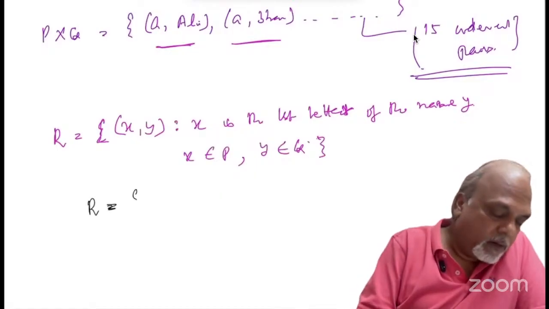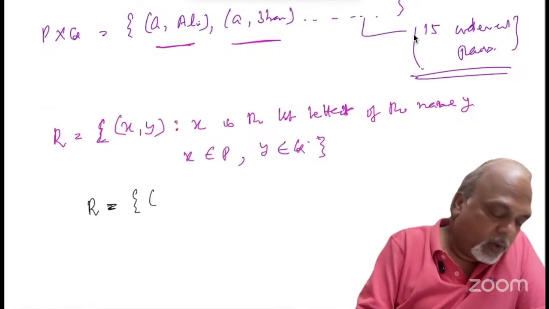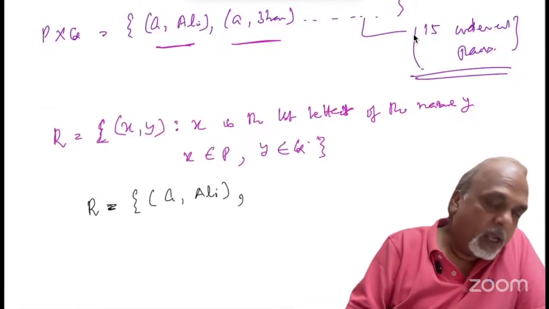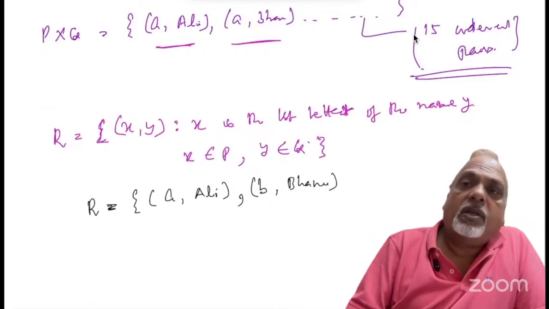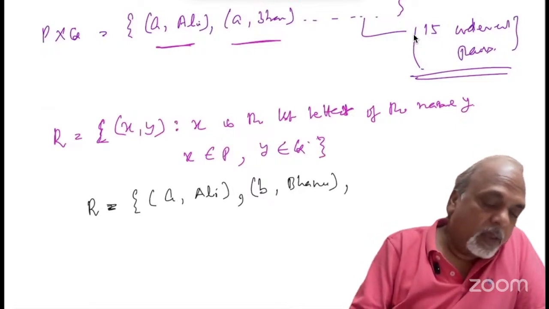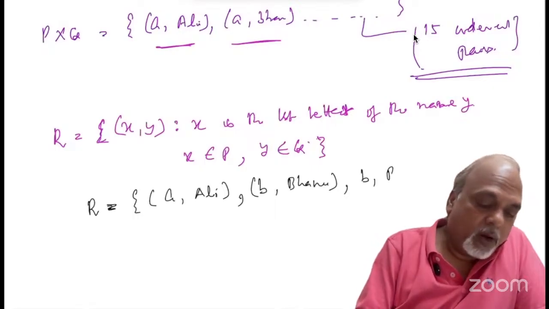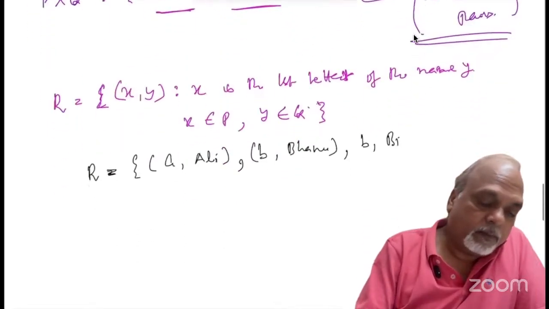Then you can have the ordered pairs like this. A, Ali: Ali starts with A. Then B, Bhanu: Bhanu starts with B. Then we can write B, Binoy, Binoy is there.